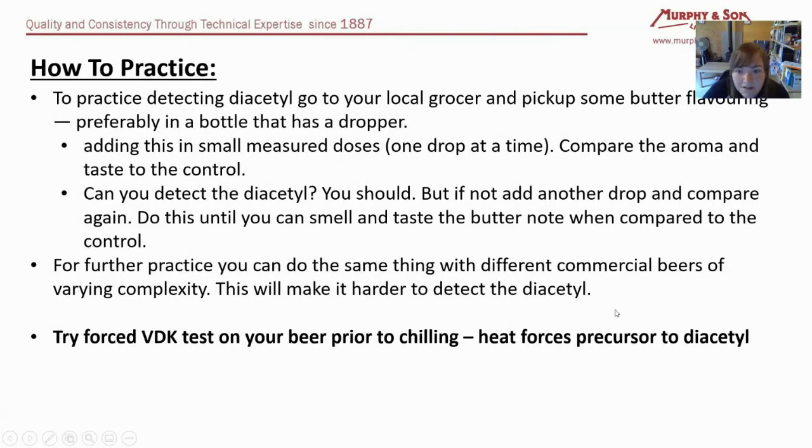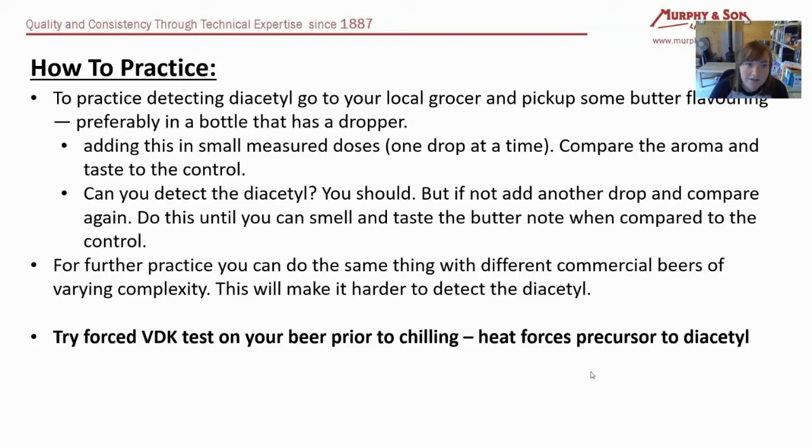I do think it's a good idea to practice detecting diacetyl. Maybe you don't see it very often, and it's good to just refresh your senses. So you can practice by going to a local grocer or going online and picking up some butter flavouring, ideally in a bottle that's got a dropper.